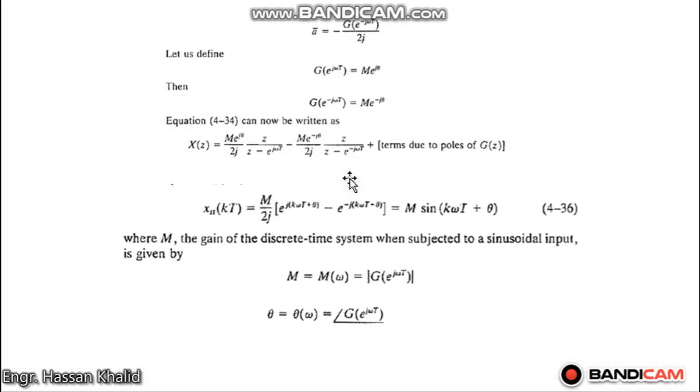Now if you take the inverse z transform, you can easily find the steady state response of the whole system. Also keep in mind that if there are transients in the system, all those transients will be eliminated at the steady state.